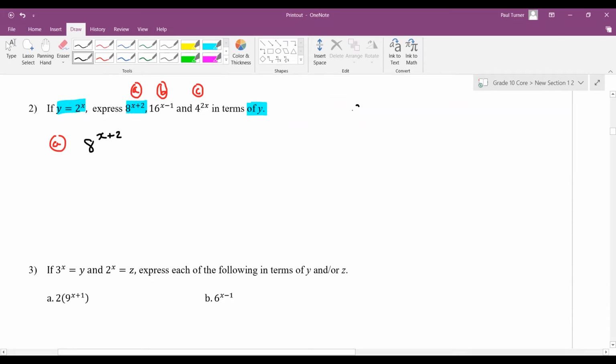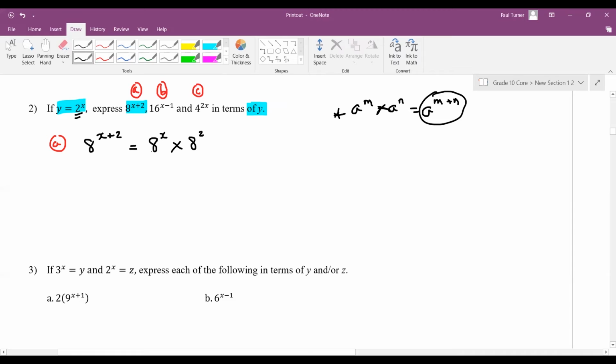Now remember the rule: a^m times a^n is a^(m+n). So it looks like we can use this here because we've got 8^(x+2). So rewrite that as 8^x times 8^2. That's going to be 64, and this is 8^x. But look what you require, 2^x here.